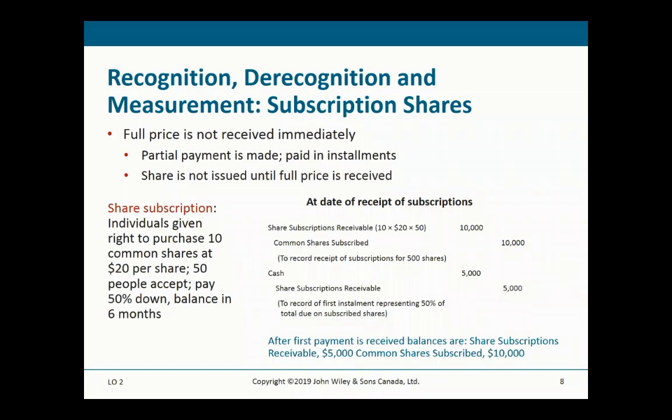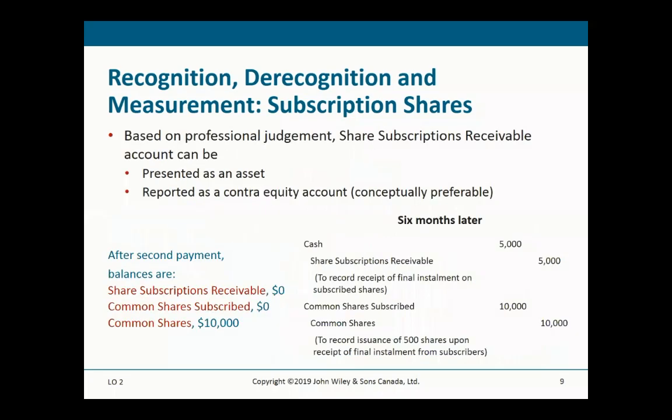There's an example here on the screen that's the same as the one in the textbook. Once the amounts have been fully paid for the shares, then you remove the common share subscribed account and the share subscription receivable, and issue the common shares.